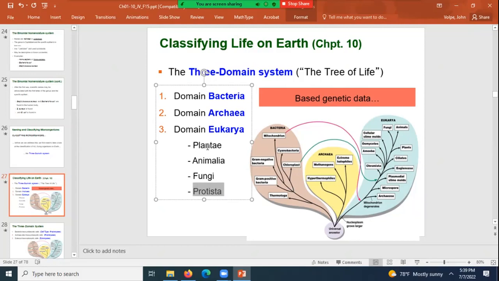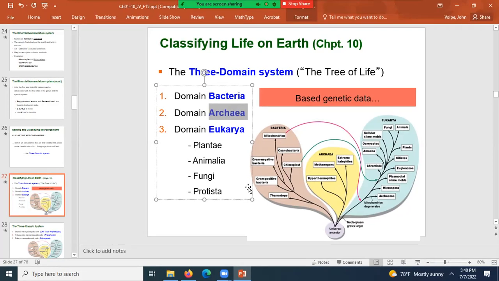You divide the plants into at least 2 kingdoms. And then you start dividing the archaea and the bacteria into different kingdoms. And I think there's 3 kingdoms of the archaea, which are shown here. I don't know how many kingdoms there are in the bacteria, but there's at least 3 in the archaea. And then you can divide the kingdoms into higher numbers than 20. And I don't know the highest number that people use.